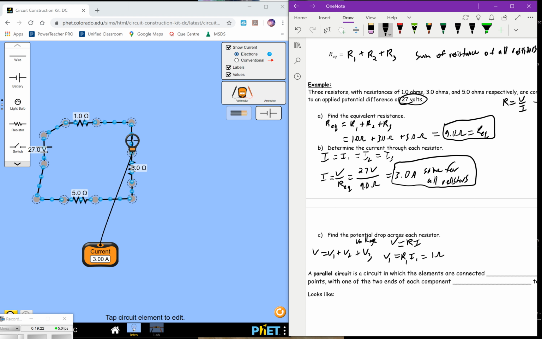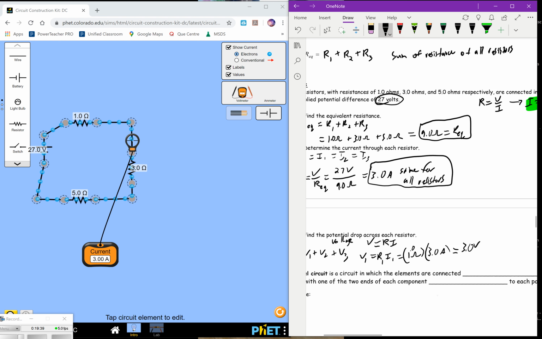This would be 1 ohm. That's 1.0 ohms times 3.0 amps. Again, that's the same at any point here. So the voltage would be 3.0 volts, and that's for V1.